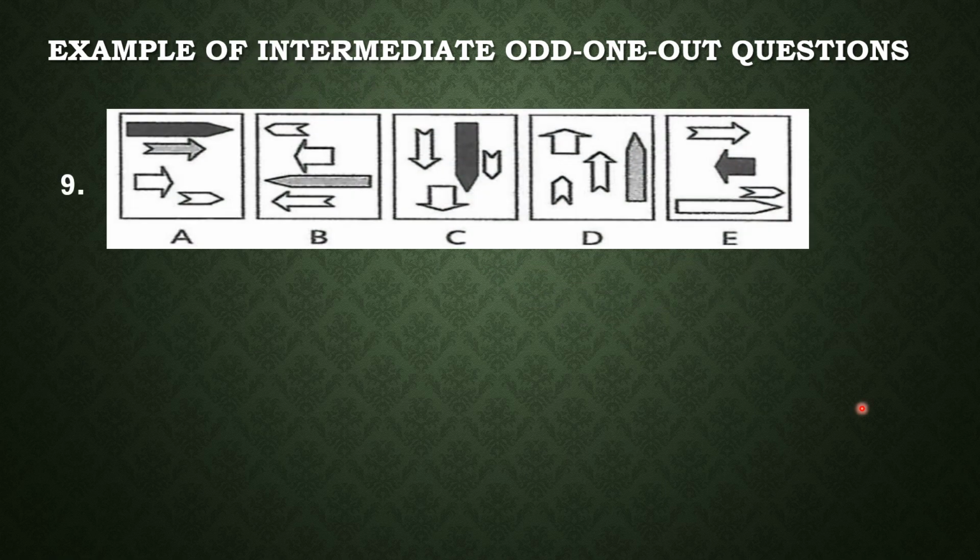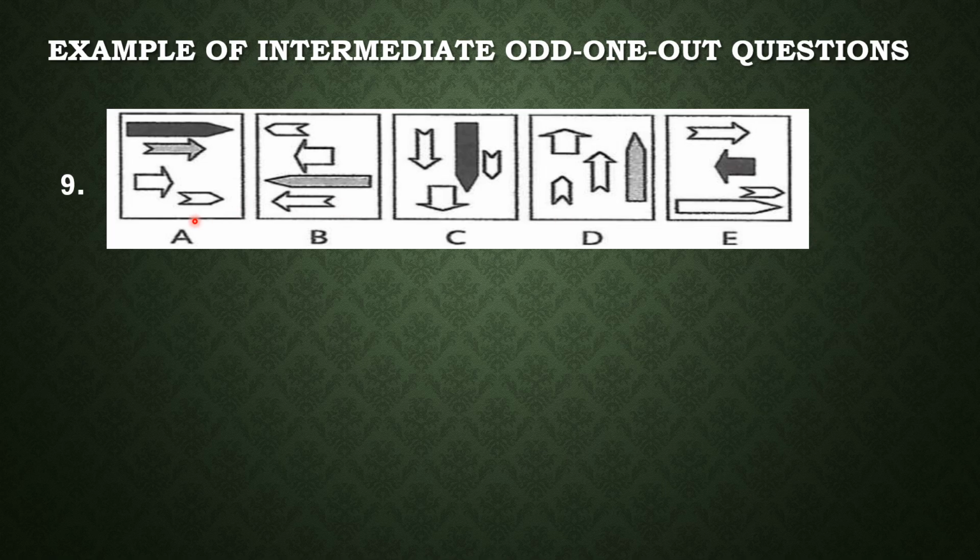So if we see question number 9, or example number 9, we can see there are similar sets of arrows. So the count is all the same, 4 arrows everywhere. Then based on the shading, we cannot identify because they are all following different rules.